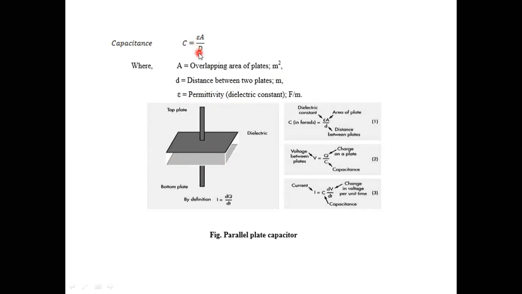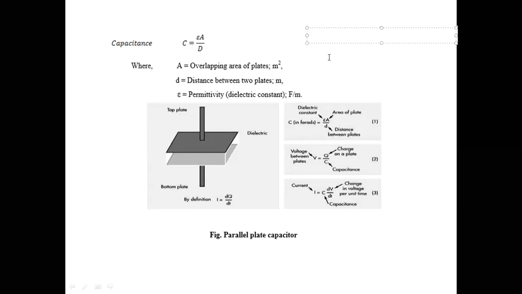And if I want to talk about the voltage between the plates of a capacitor, then voltage V equals Q by C, voltage equals charge by capacitance. I will take a text box here.